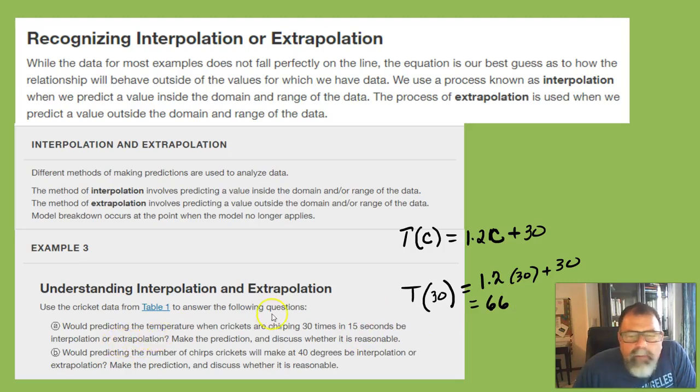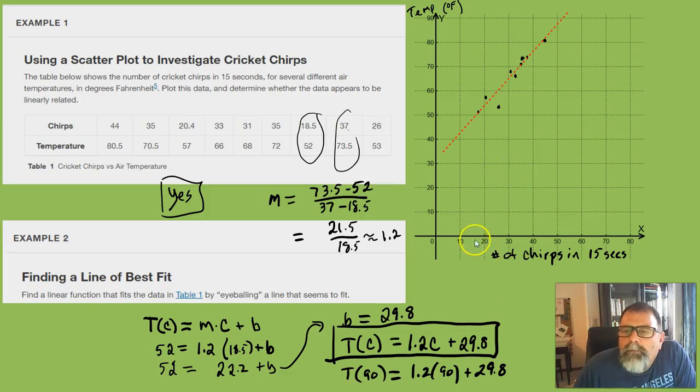Now, is that interpolation or extrapolation? So 15, and if you look, do you see 15? That's the domain of our data. The smallest one is this 18.5. So 15 is outside of what we have in our data set here, right? So it's below the smallest one.